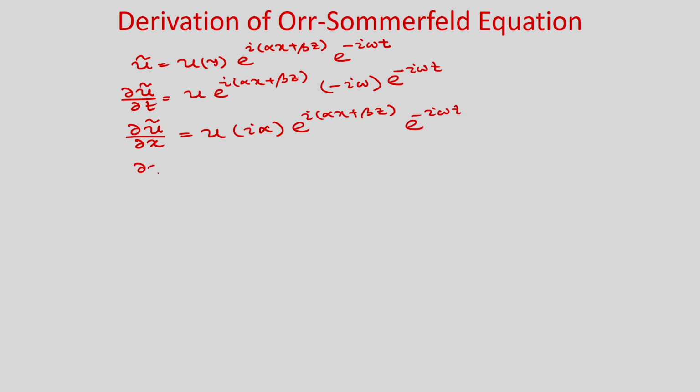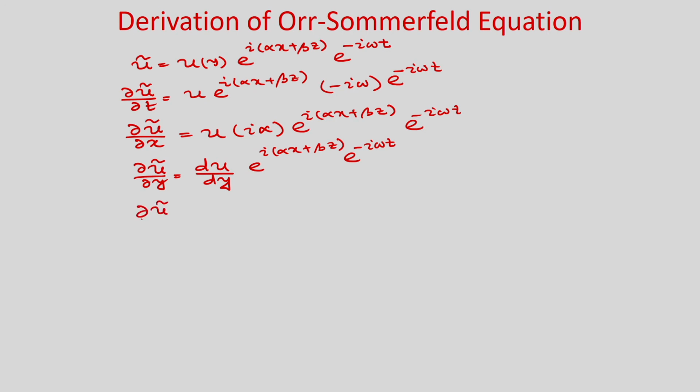So, now you can see del u tilde by del y. u is a function of y, so you can write du by dy, then e to the power i alpha x plus beta z e to the power minus i omega t.